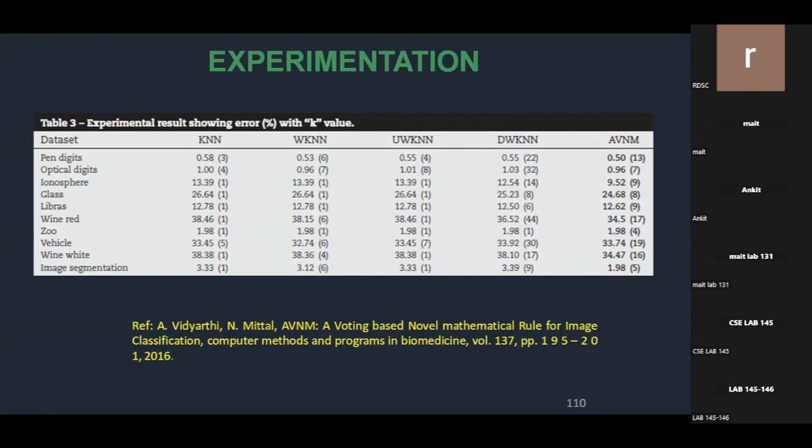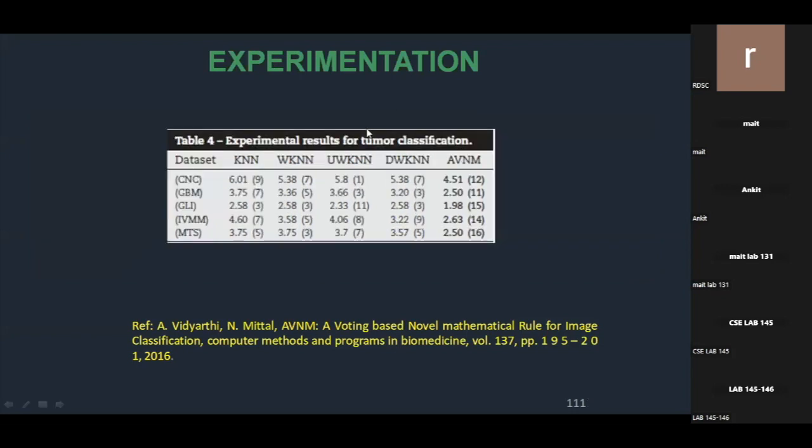You simply call the algorithm and it gives you the final output: this is the number of nearest neighbors required and this is the minimum error rate you can get. Same with our tumor data set, we get the least error percentages compared to other KNN based algorithms.